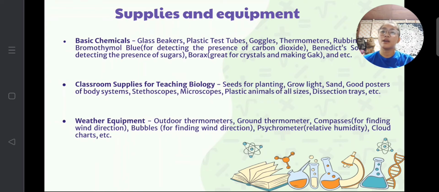So the weather equipment are outdoor thermometers, ground thermometer, compasses, of course, the bubbles for finding wind direction, the psychrometer, which is useful for the relative humidity, and also the cloud charts, and so on.